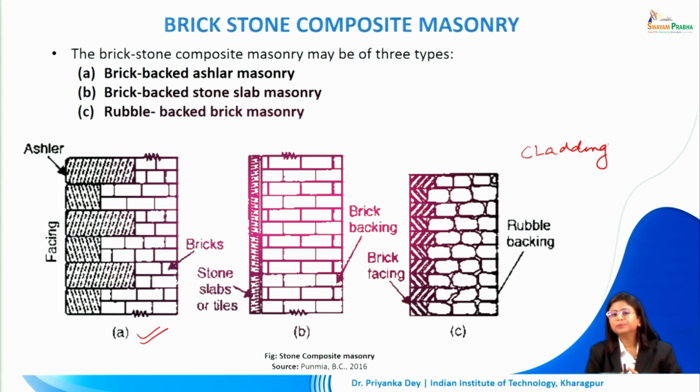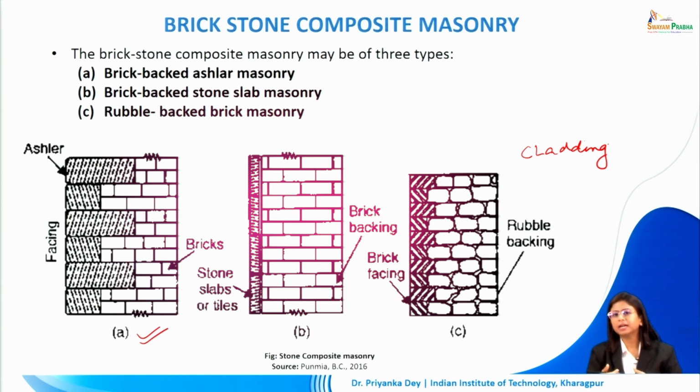The last type, or the third type of brick stone composite masonry, is called rubble backed brick masonry. Instead of the first example in which we had brick backing and ashlar facing, here we are creating brick facing and rubble backing. So the internal backing of the wall is made up of rubble, that is for the economic saving, and because maybe bricks are not very commonly available here, we want to make the majority of the wall with the help of rubble backing.